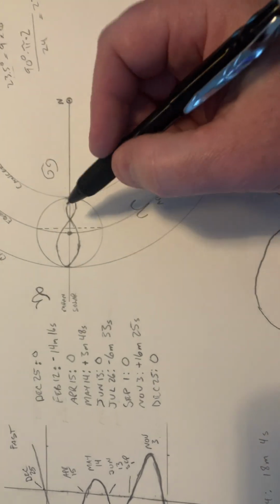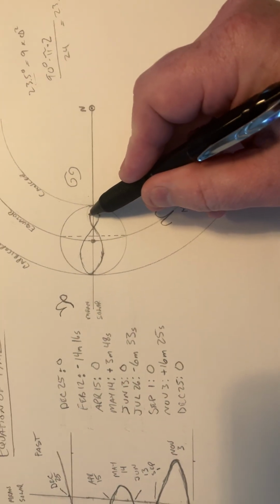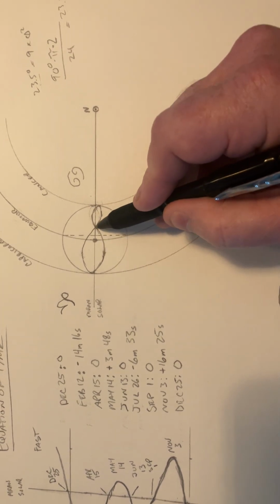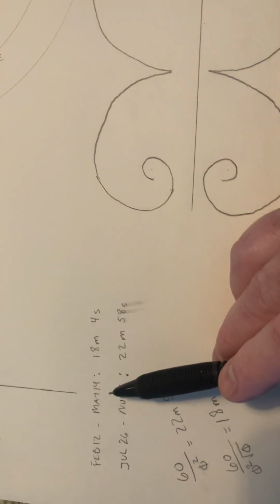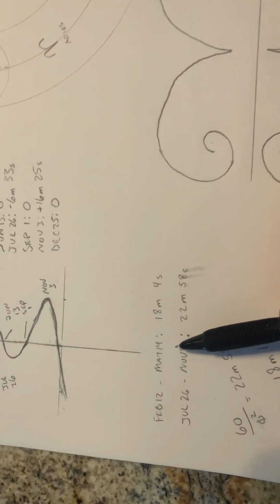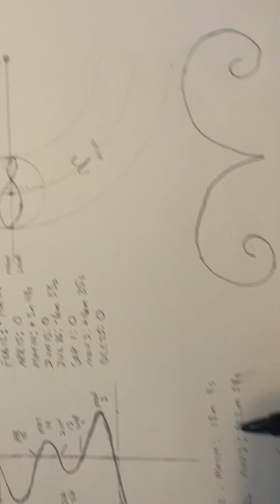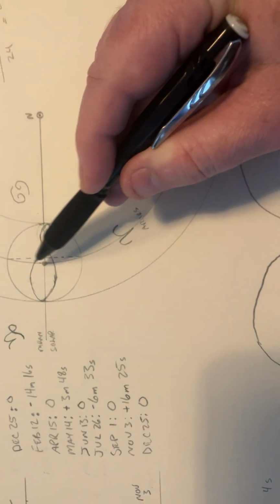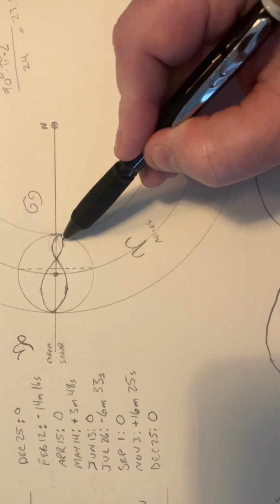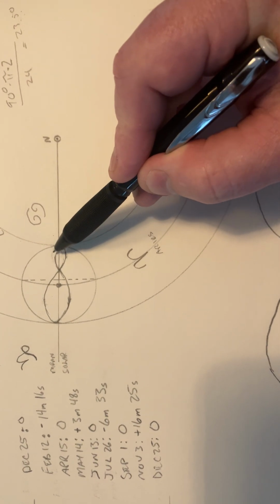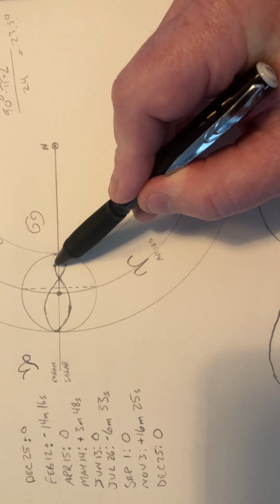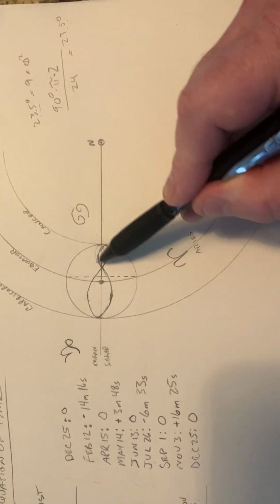So now, when we're looking at this analemma, we're going to measure from points to points. So from February 12th to May 14th, because how do you wrap your head around the width of this? The width I'm gauging is measuring from here to here.